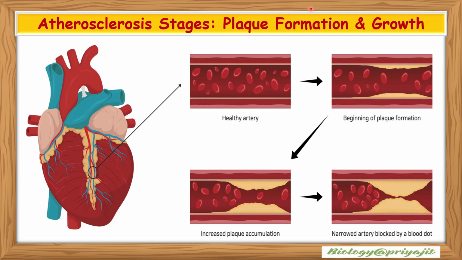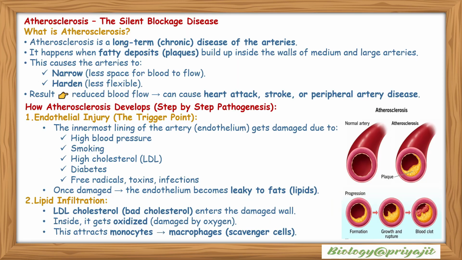In today's class, we will explore how atherosclerosis begins with a small injury in the artery wall, how plaques form step by step, and how they grow into stable or unstable lesions that can cause serious problems like heart attack and stroke. Let's make the stages of atherosclerosis simple, clear and easy to remember.